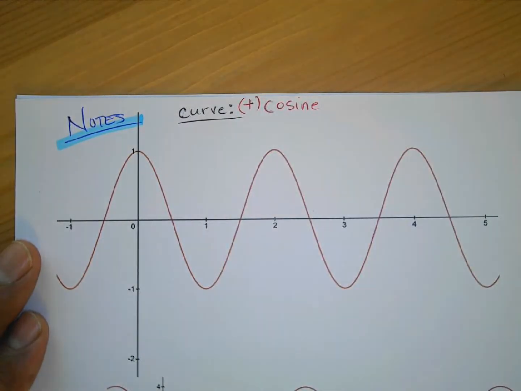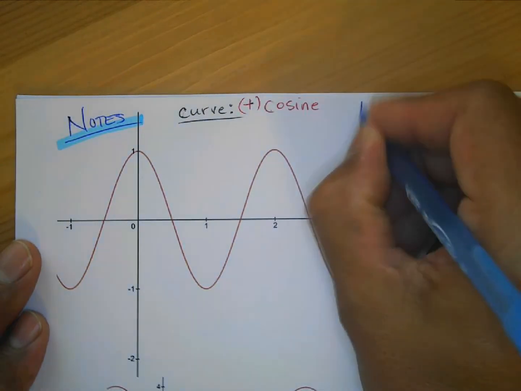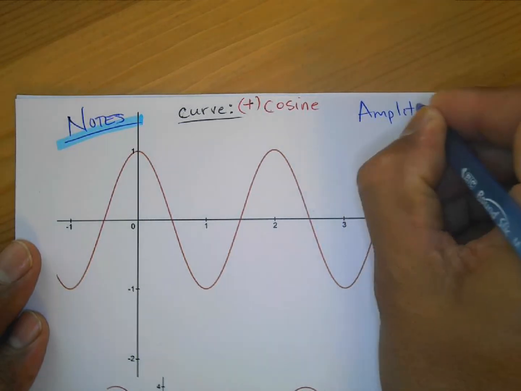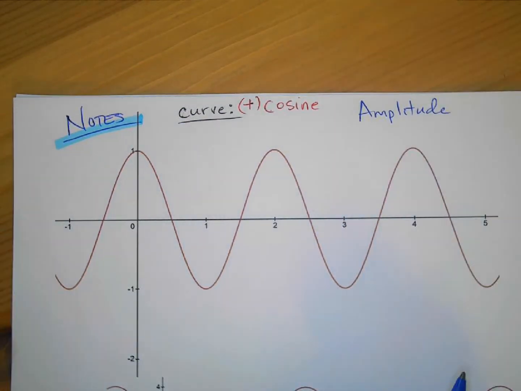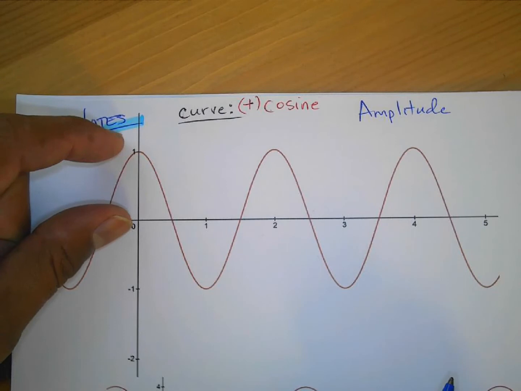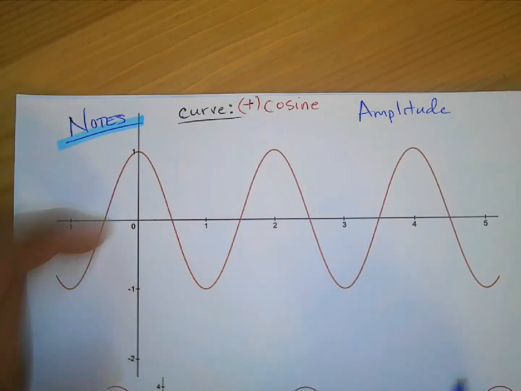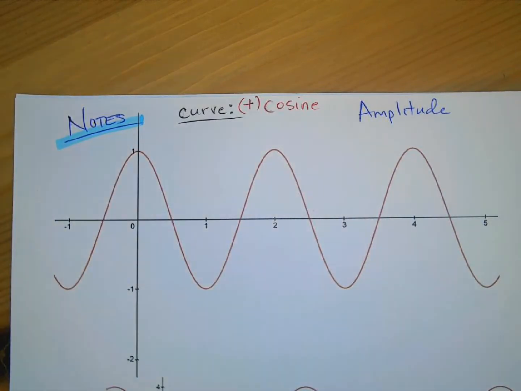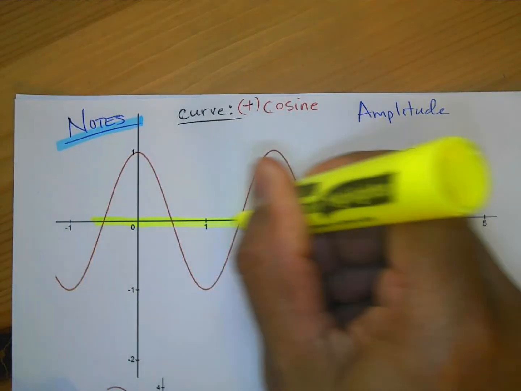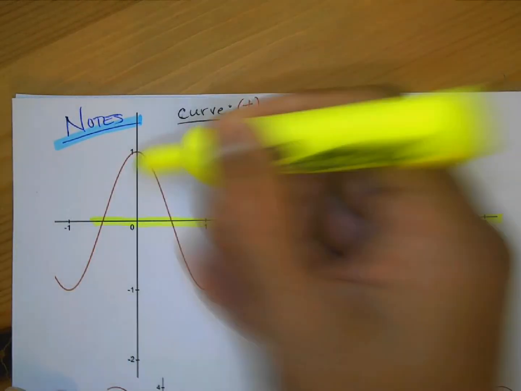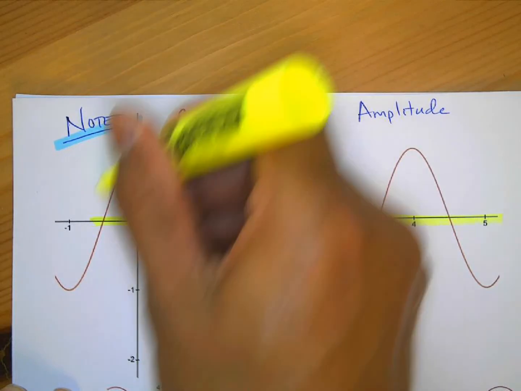Okay, second thing, the amplitude. Amplitude is the distance or the height that it's oscillating from the midline. Here's the midline. Right now it's the x-axis. How much is it going up and under?